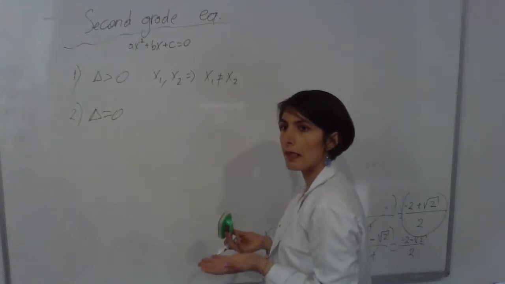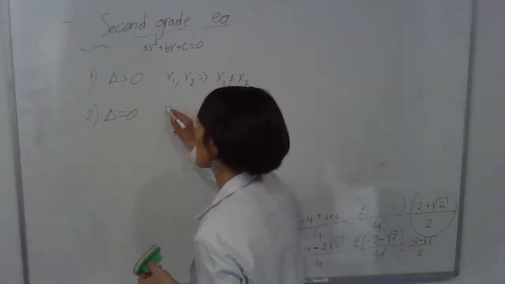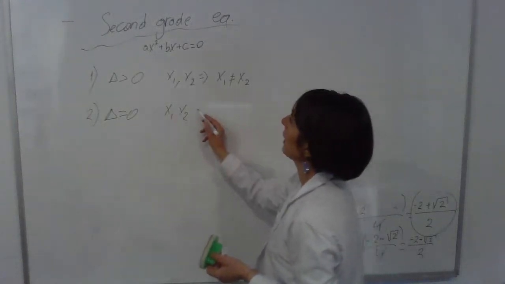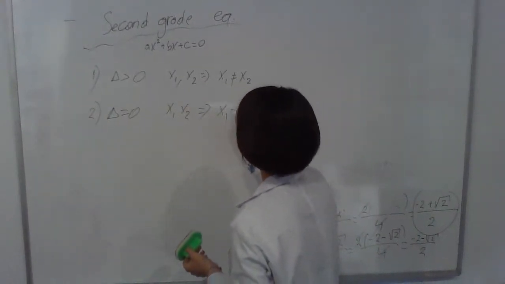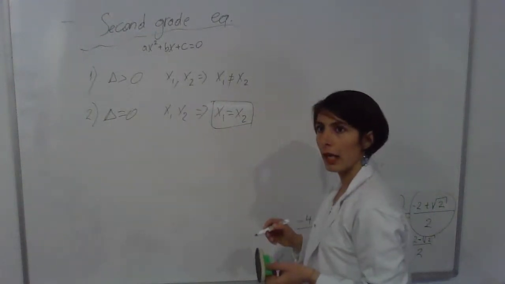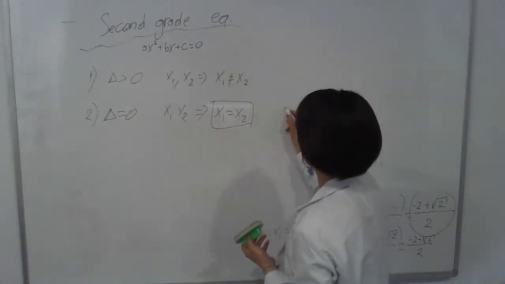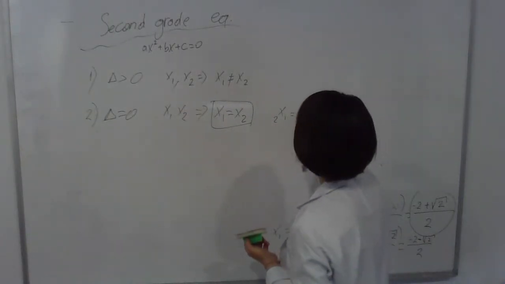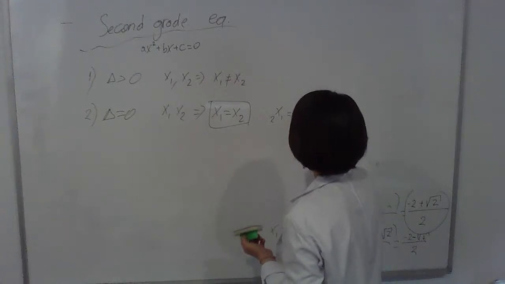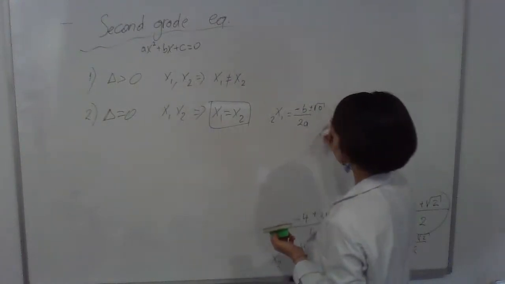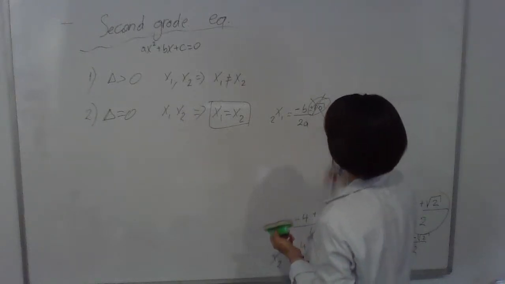But what if delta equals 0? What can I do in this case? Actually, in this case, we still have two solutions, but things are different here. x1 equals x2 in this case. Be very careful. And what's going on with the formula that I did before, x1, x2, is going to be just minus b over 2a, because plus minus 0, because the value of delta is 0, so I don't need to write it.